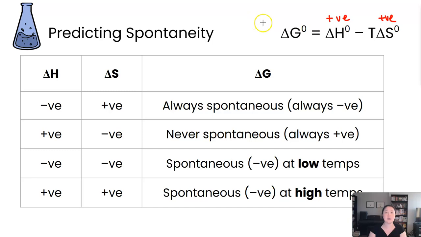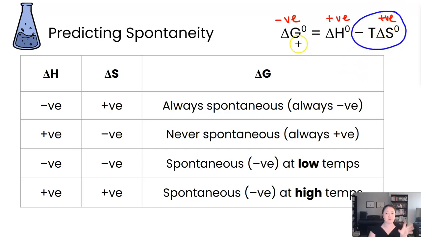Now, if we look at the other situation where you have both positive values, remember that when you look for spontaneity, you're looking for delta G being negative. In this situation, this portion of the equation is already giving you a negative number. What's sort of crashing the vibe is your enthalpy value, which is positive, so it's lessening the negative effect of this.